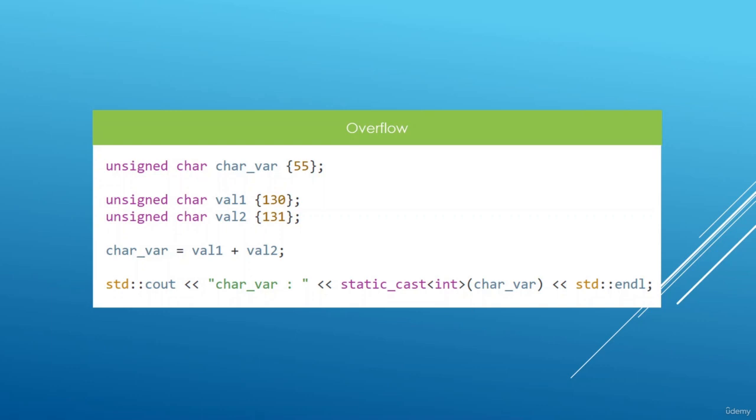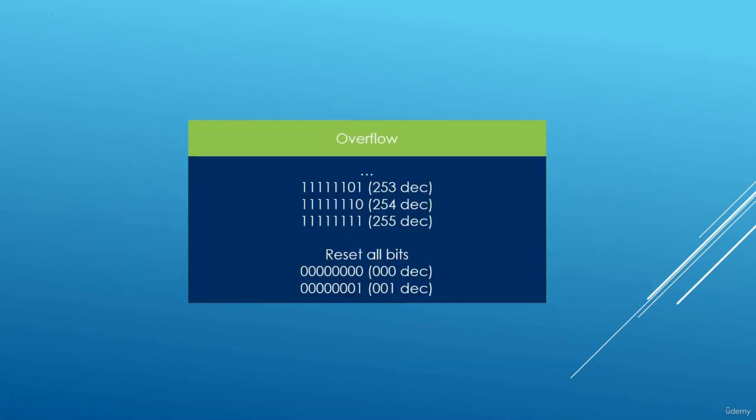But I want to shed some light on how we get to this garbage value because it has to do with how internal computer circuitry is wired up. Here we have a simple illustration of how overflow works in a simple computer circuitry where we have a piece of 1 byte. So we can store in things from 0 up to 255.